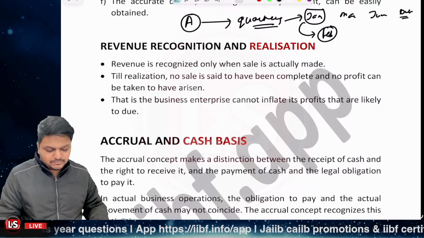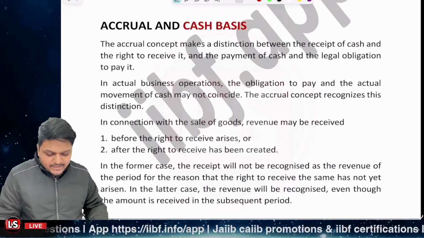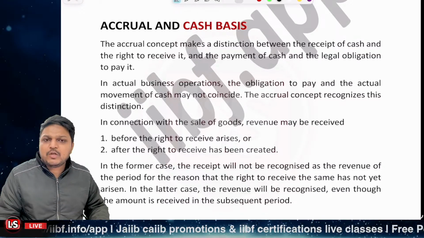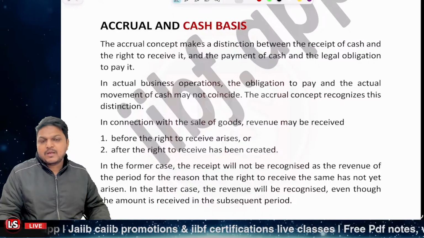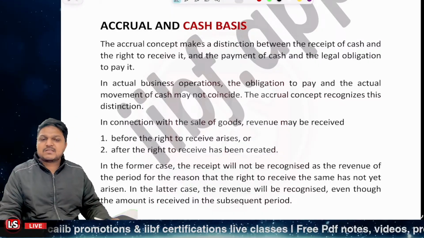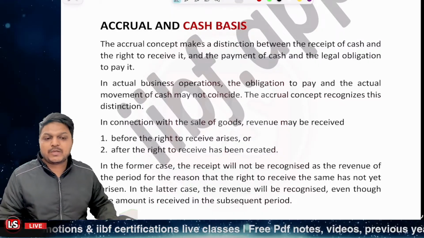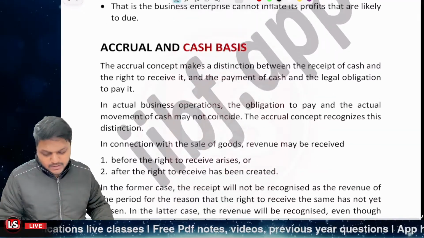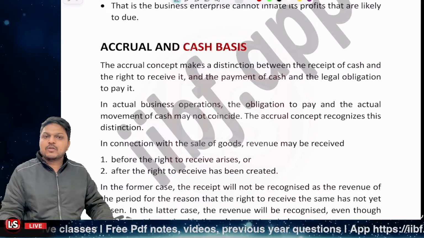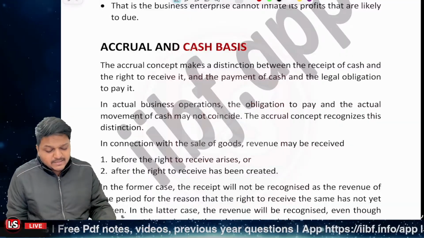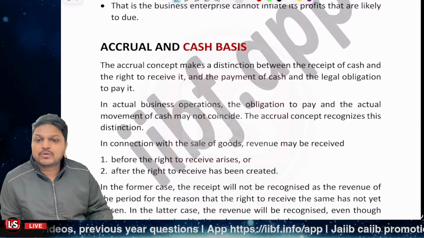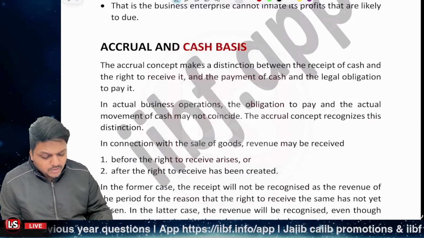Now there is one important point: accrual basis or cash basis. In general, in banking, we follow accrual basis accounting. But for non-performing assets, we follow cash basis accounting, right? For general accounts, we follow the accrual basis. How come? Let's say the interest is accrued, right?